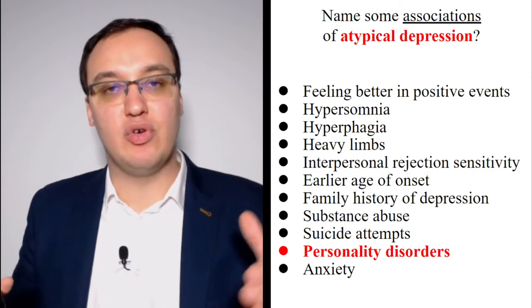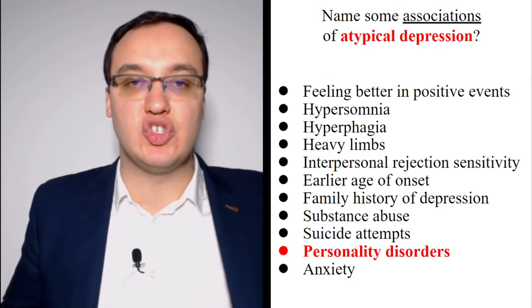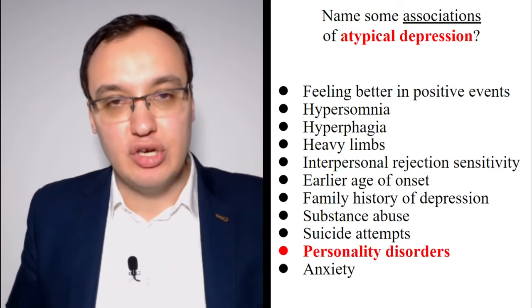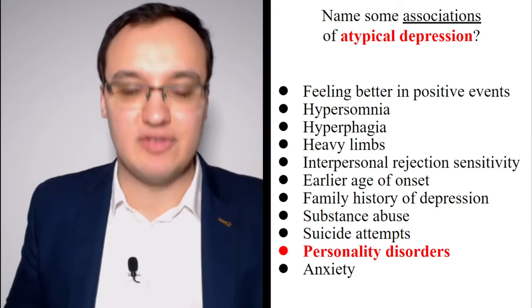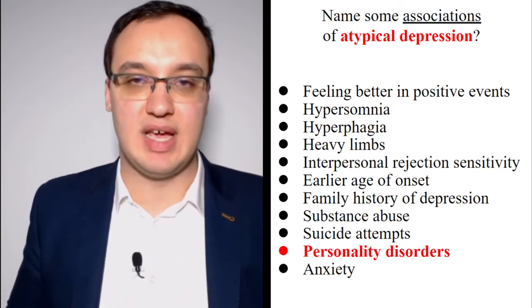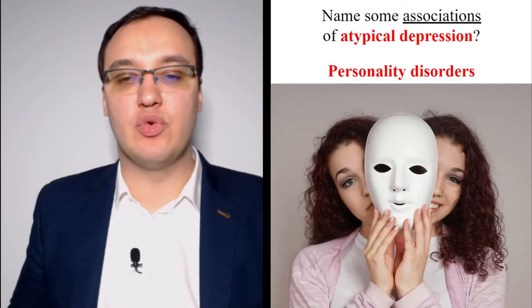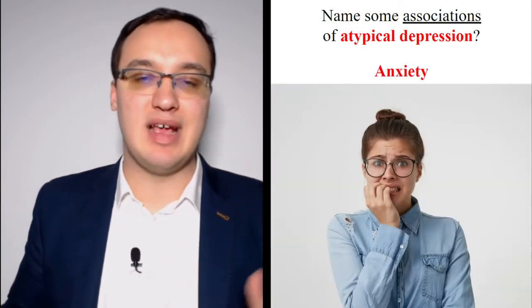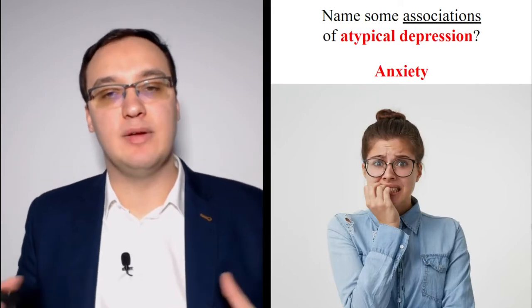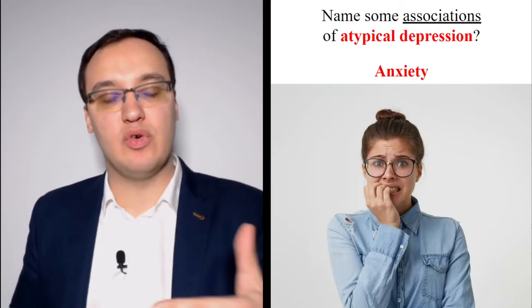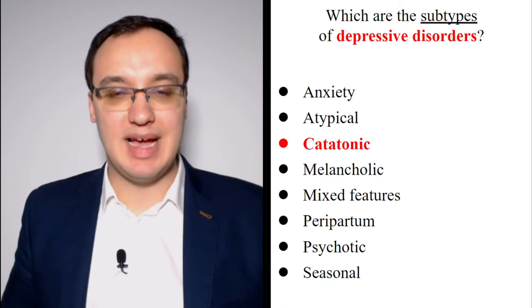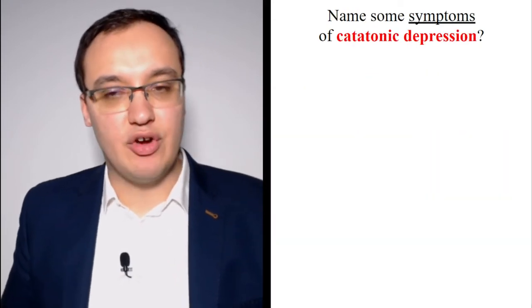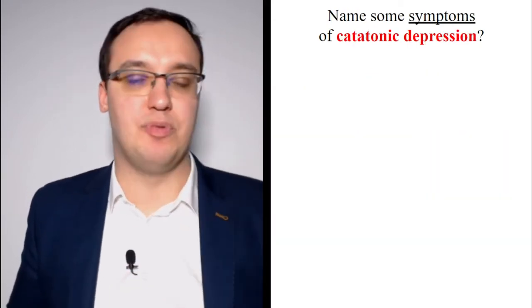So atypical suicide means that it's not so common. So the majority of depressed patients are not doing a suicide, okay? Personality disorders, different personality disorders can be seen in atypical depression, and anxiety is also in atypical depression, very commonly. Catatonic is actually a very interesting group of depression.